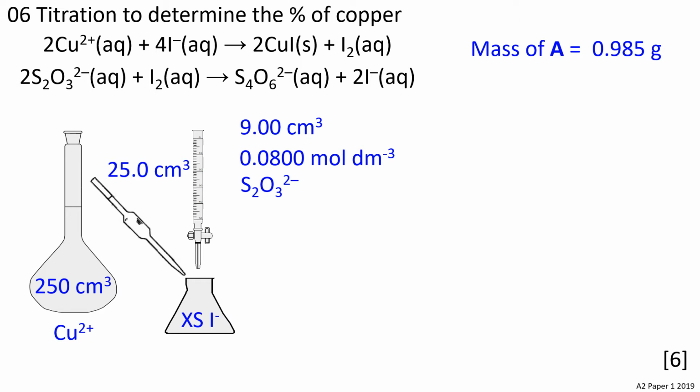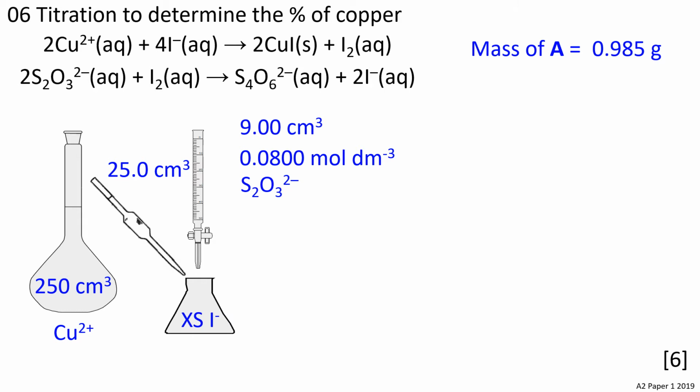So if we go to the bottom left hand side of the diagram, all of the copper atoms that were in the alloy have been converted to copper 2+ ions, and then they're made up to exactly 250 centimeters cubed in a volumetric flask. 1/10 of that solution is then added to a conical flask, so 25 centimeters cubed of the 250 centimeters cubed goes into a conical flask.